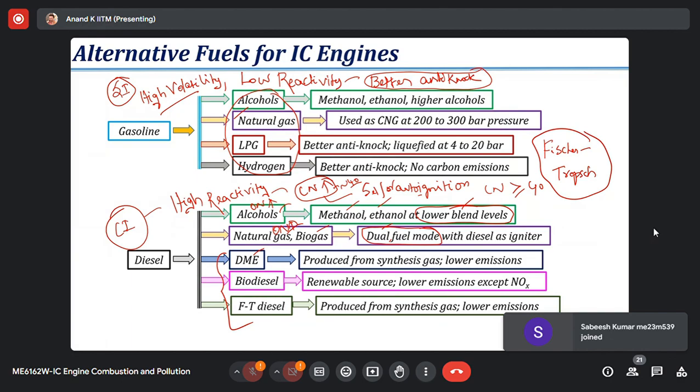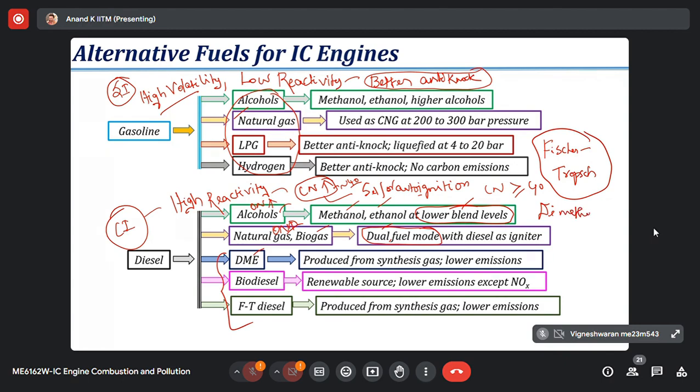DME is dimethyl ether. So these fuels have high cetane number. That's why they are preferred for CI engine application. Unlike the other two, alcohol and gaseous fuel like natural gas or biogas, in fact, we can also list hydrogen here. In a dual fuel mode, you can also use hydrogen in CI engine.